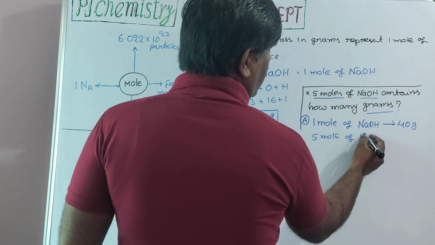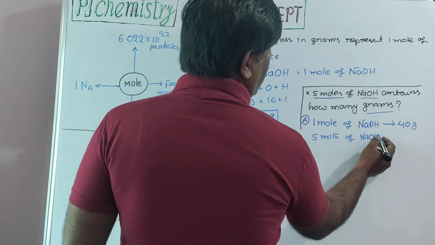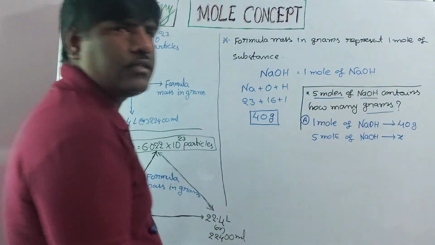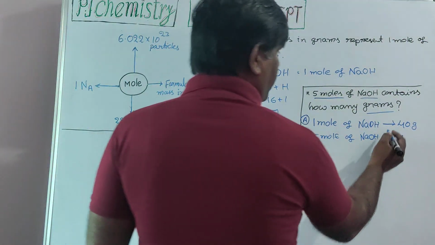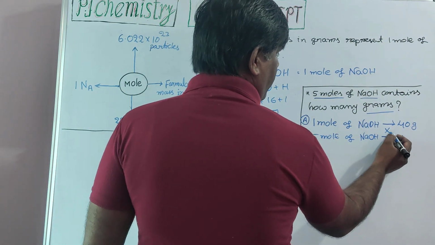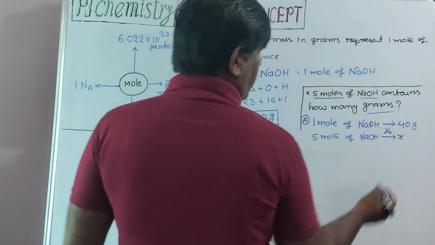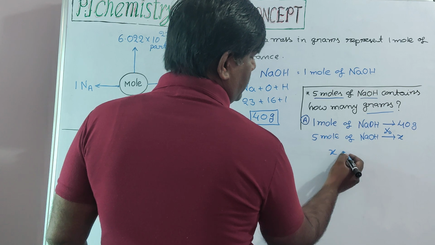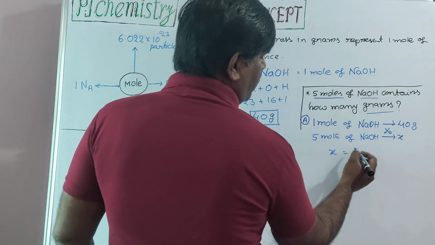X. Cross multiply: 1 into X is X, 5 into 40.